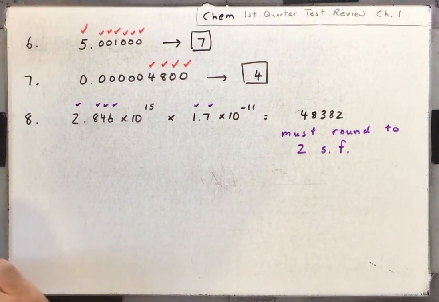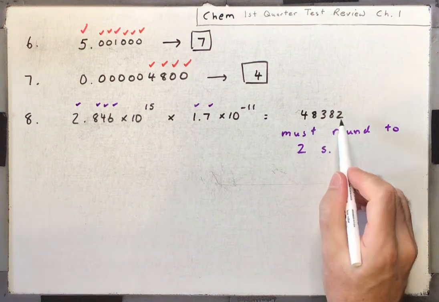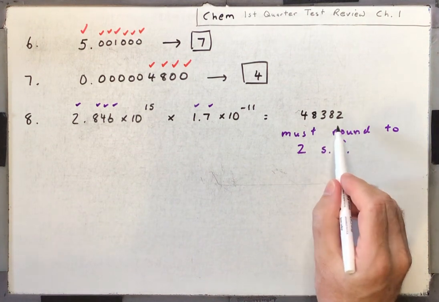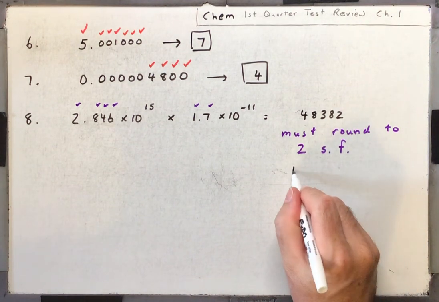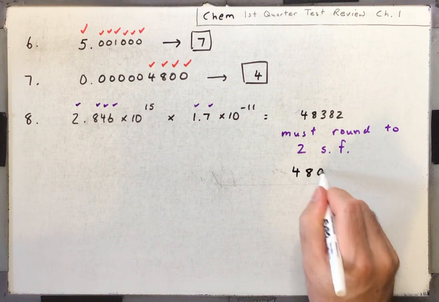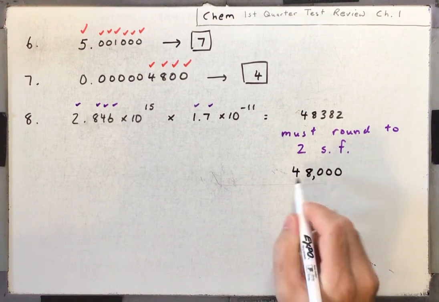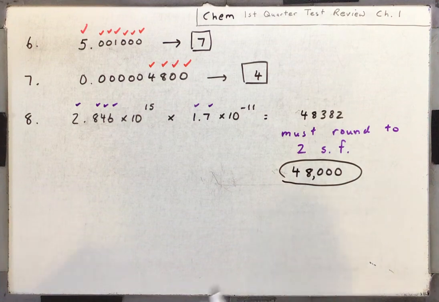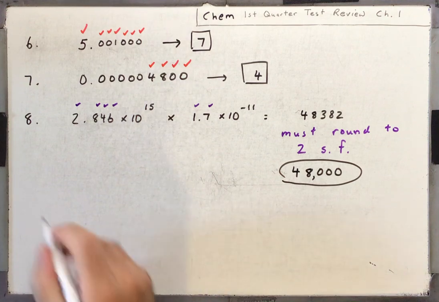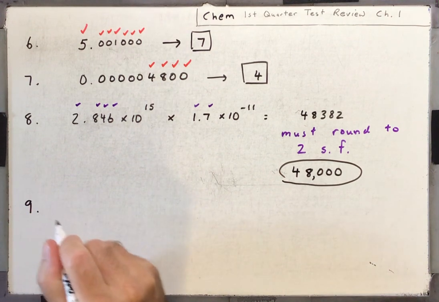So if you were going to round 48,382 down to 2 significant figures, you're going to round that down to 48,000. All right, fantastic.